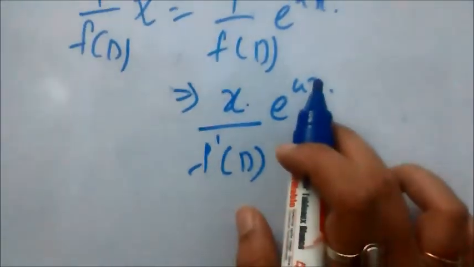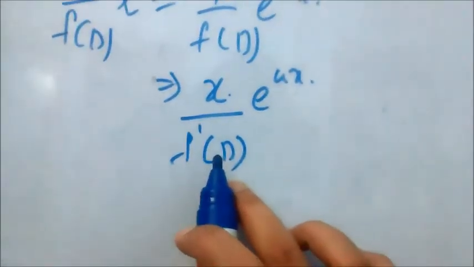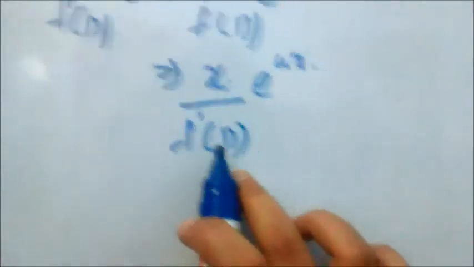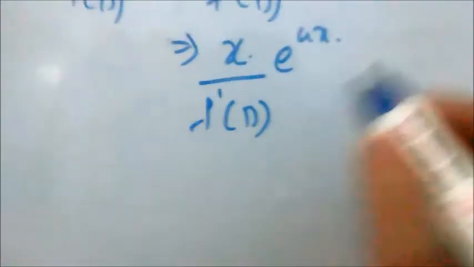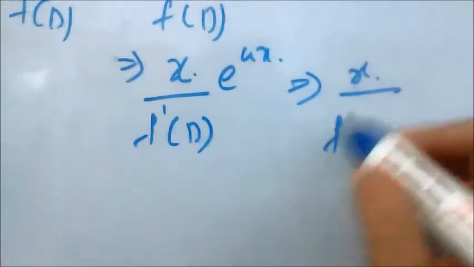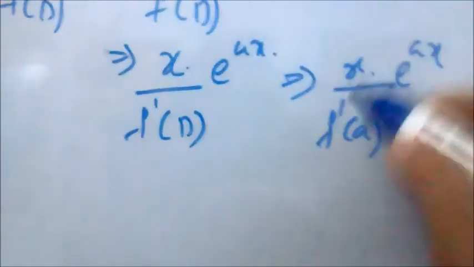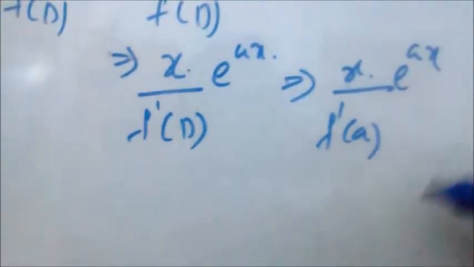When we are substituting this a value in D place, it has to come as not equal to 0. If it goes to f dash of a and becomes 0, in case if this is x by f dash of a e to the power of ax, when this is becoming 0, again the case fails.